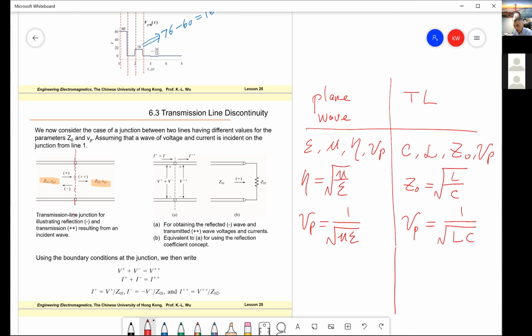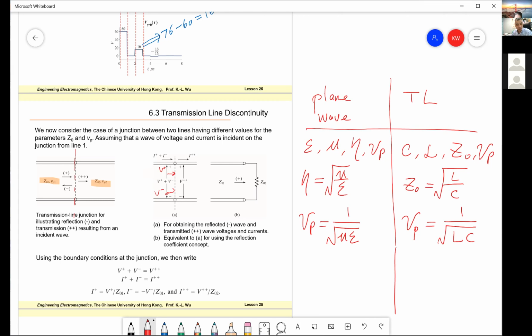Now, in this case, we can expect that when a wave hits the boundary, I put the arrow here, we expect to have reflections.